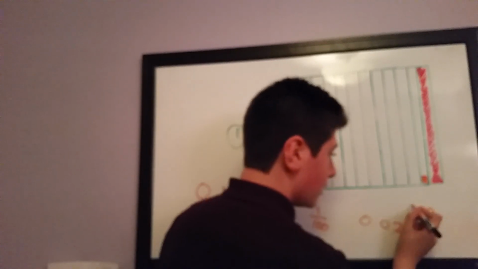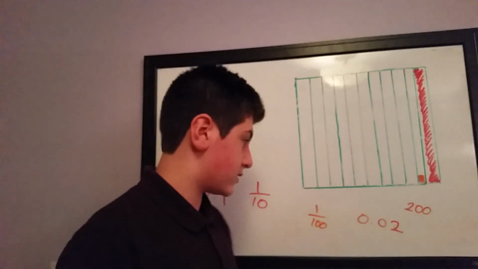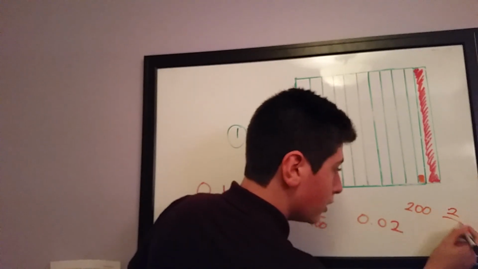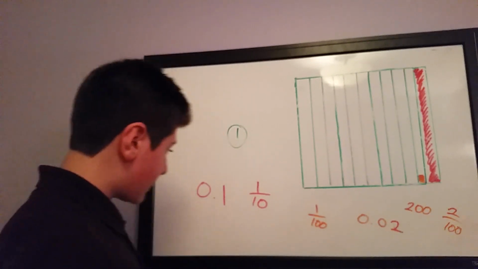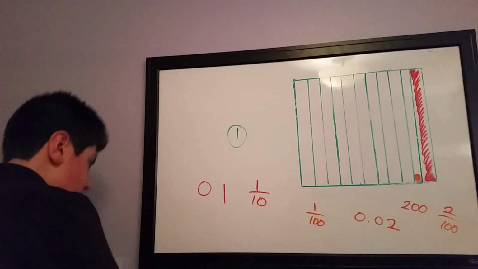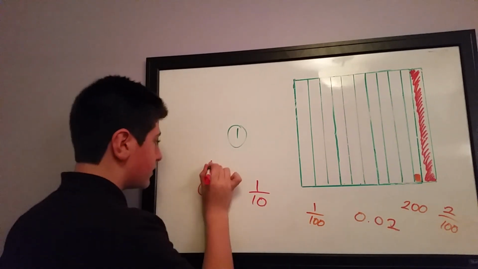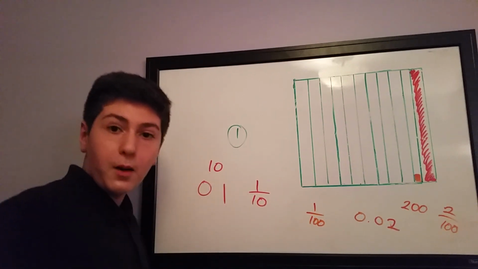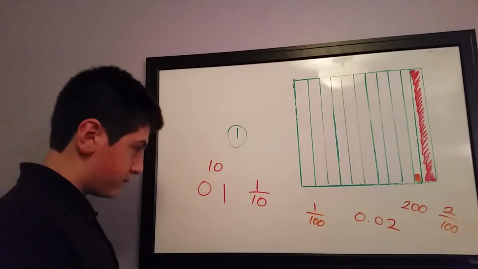I go over here, I see 2 hundredths. You get the idea. Same thing with tenths. Just remove the decimal point over here, switch these numbers around, and voila. By the number itself, I know that it is a tenth. Perfect.